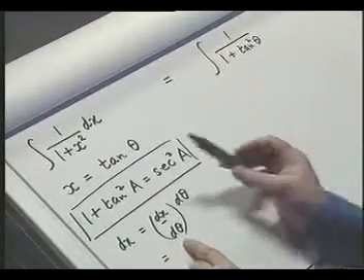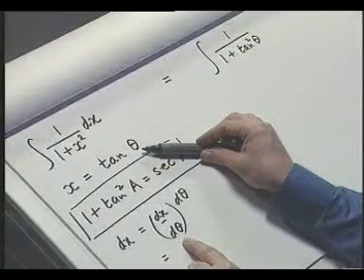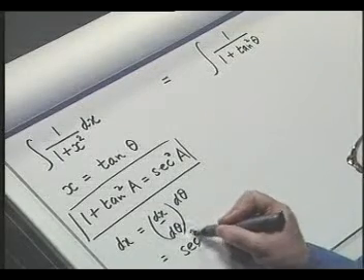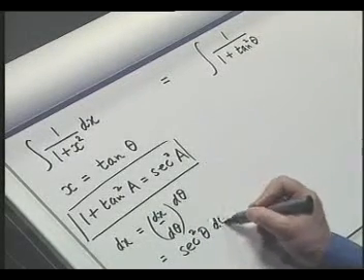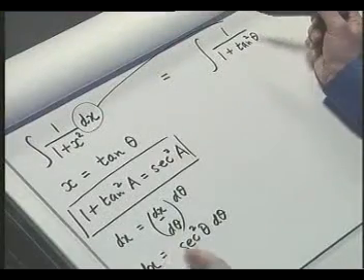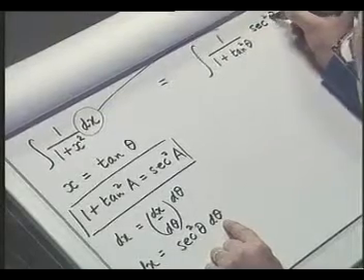We want to differentiate x equals tan theta with respect to theta. Now the derivative of tan theta is the secant squared. So we get secant squared theta d theta. So this will allow us to change the dx in here to secant squared theta d theta over on the right.